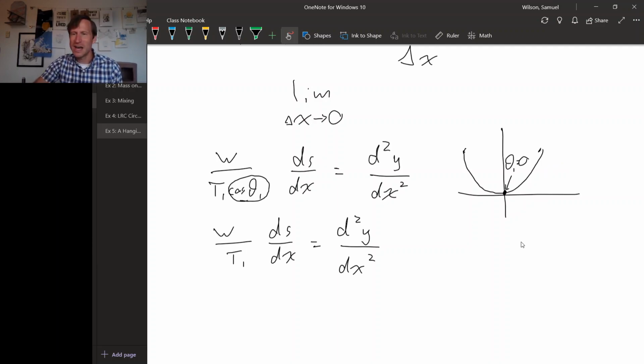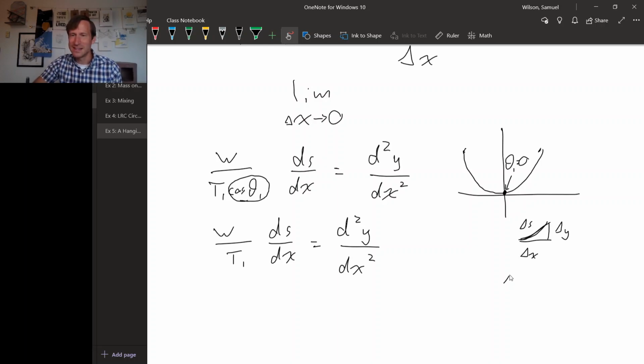Now, remember, if you have a tiny bit of displacement, a tiny arc length, if you zoom way in, it's as if this bit of arc length is straight, and this essentially straight bit of arc length comes from a horizontal displacement delta x and a vertical displacement delta y.